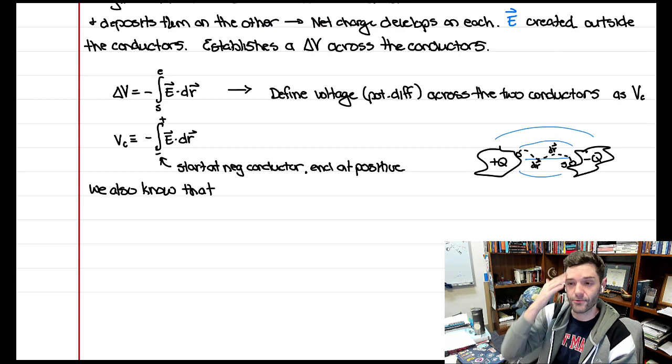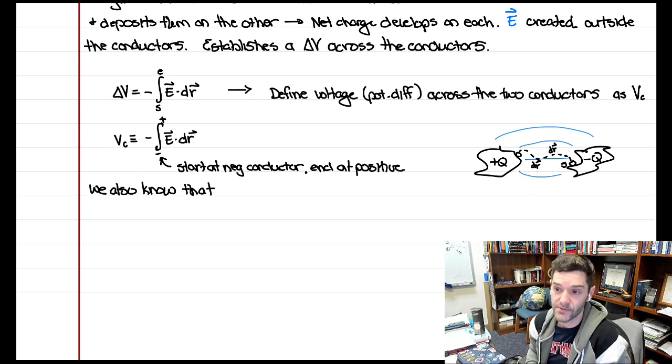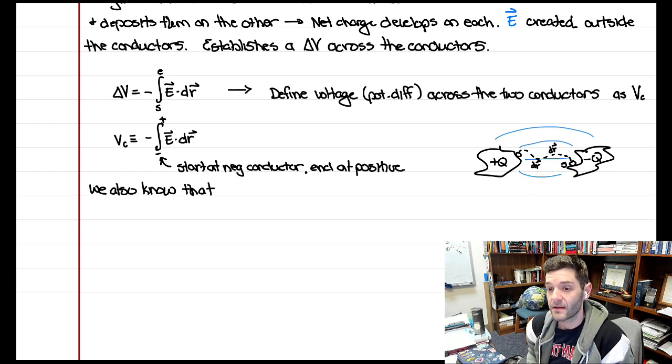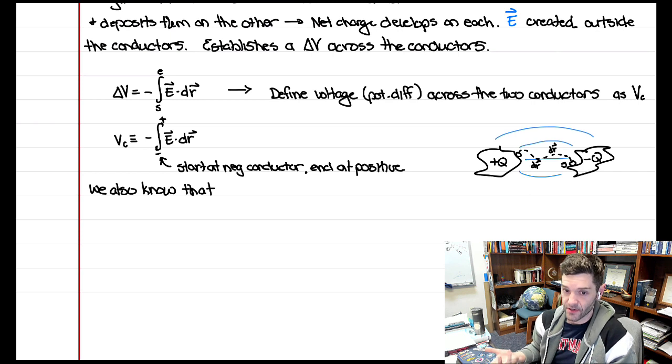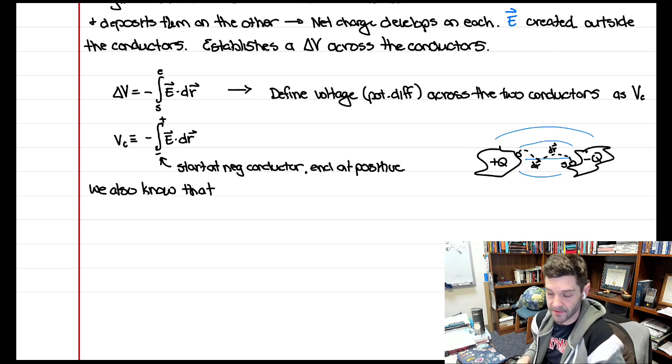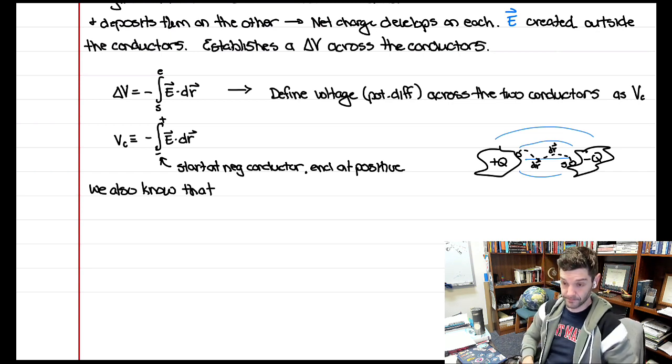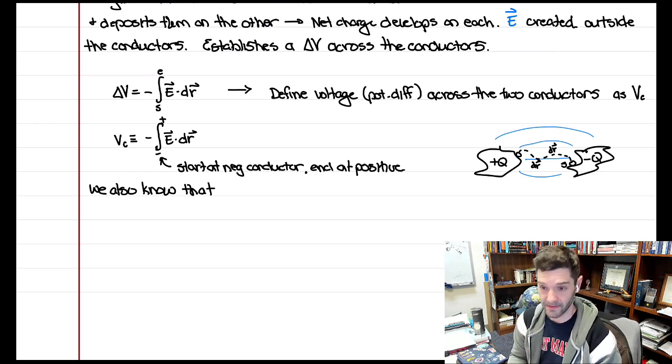If I think of the electric field that's been created in between these two conductors, that electric field was created because of an excess charge, or a net charge. When there was no net charge on each conductor, there was no electric field in between them. But as that demon moved electrons around, that established a net charge on both conductors, which then created this electric field.